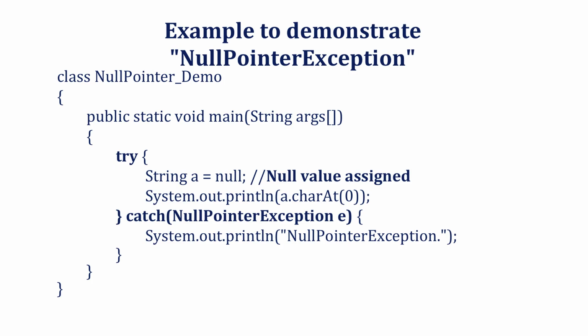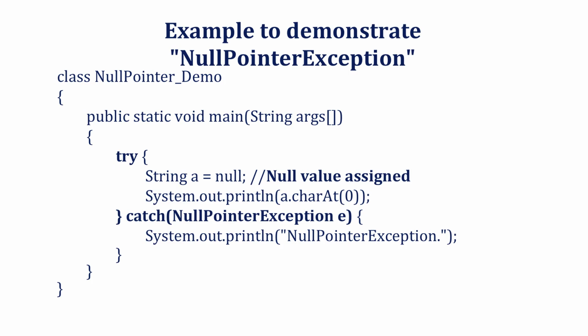In the previous line, as we declared the variable, the instance does not have any value, it contains null, and in the next line we are trying to access the value at the 0 location. So I think that may lead to an exception called null pointer exception.